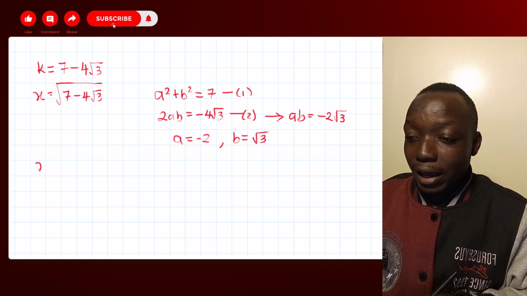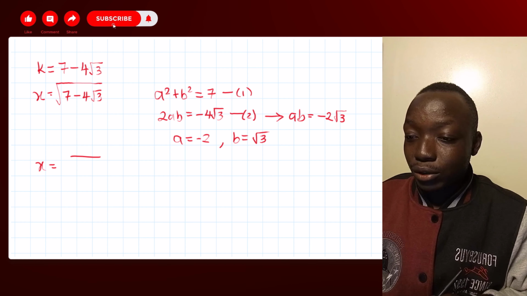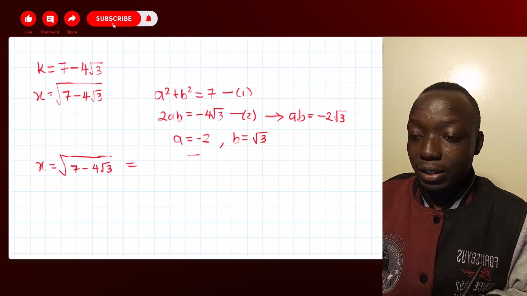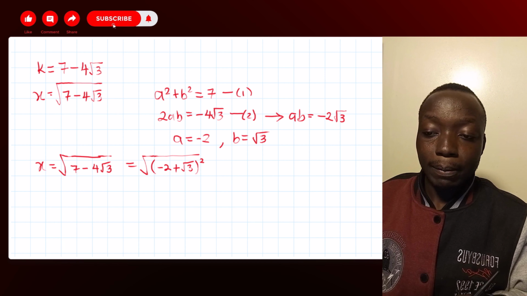Remember that x is equal to the square root of 7 minus 4 square root 3. And this can be written as minus 2 plus square root 3, squared.